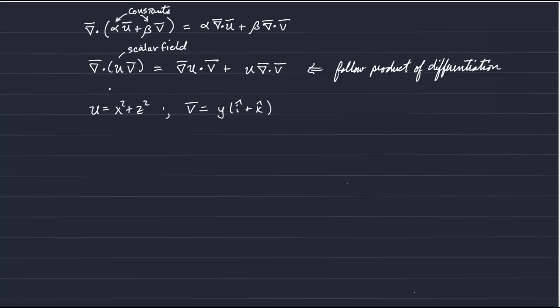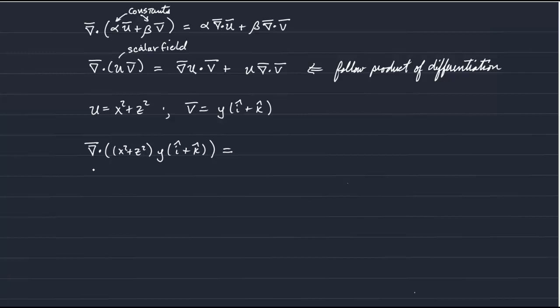Okay, so let's look at the left-hand side of the above equation. So the divergence of u times v is equal to the divergence of x squared plus z squared, again that was u, times v, which is y, and it's in the i hat direction, plus y in the k hat direction.